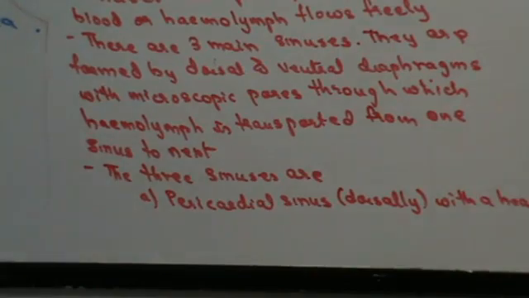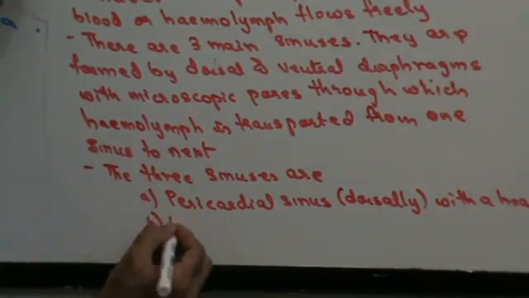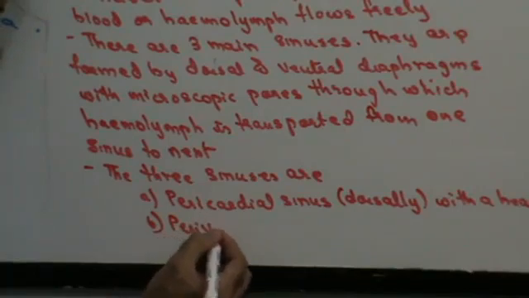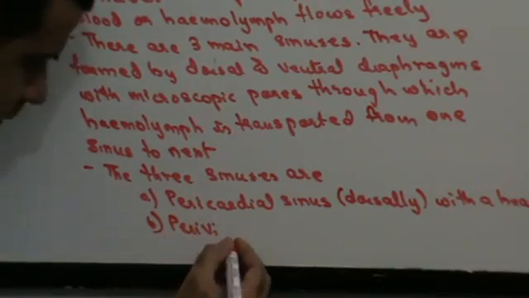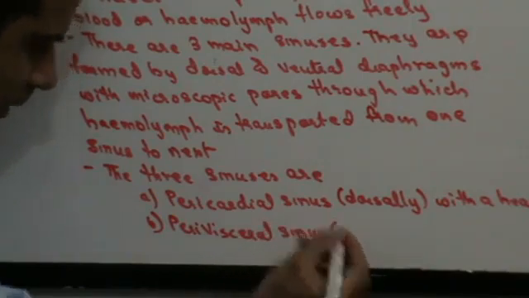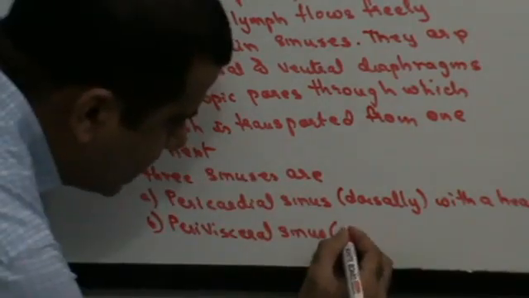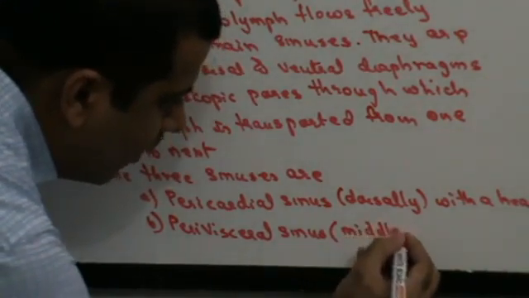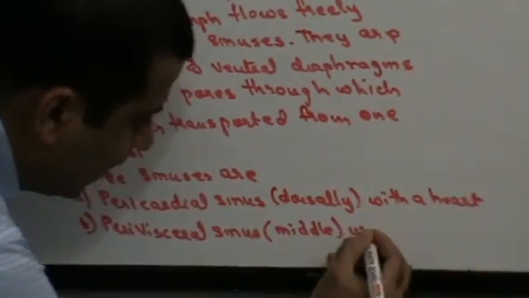Then you have the perivisceral sinus, which is in the middle with the alimentary canal.